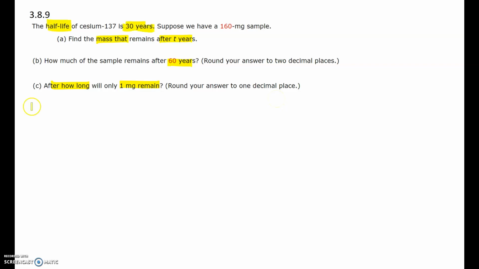So let m of t be the mass in milligrams after t years.